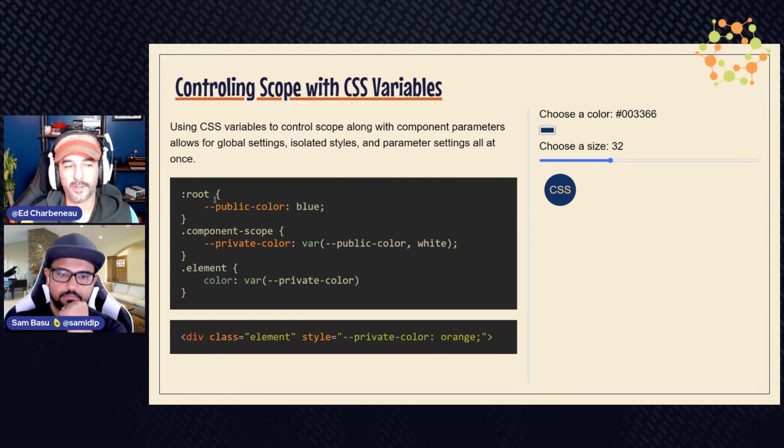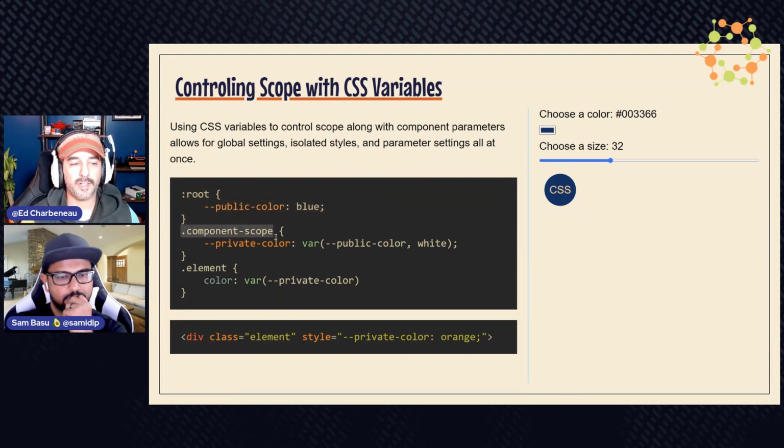So this is a scenario where I've got a CSS custom property, which is targeting root, and this is my public color. I named these specifically for the demo purposes. You probably wouldn't call this public color, but it would have some other very clever name. And at the public level, this is blue. And if I don't set this color on my component, the component itself will color itself blue.